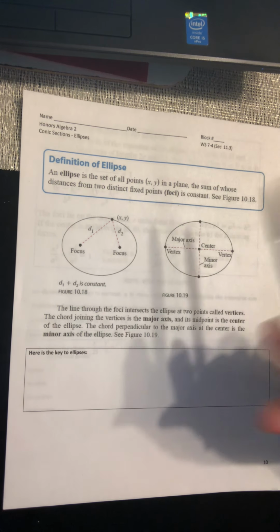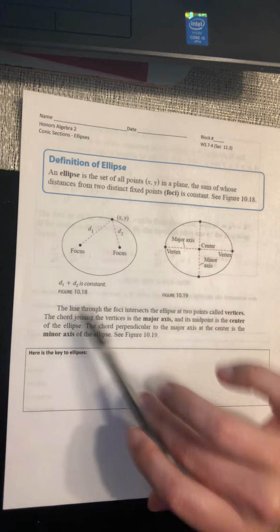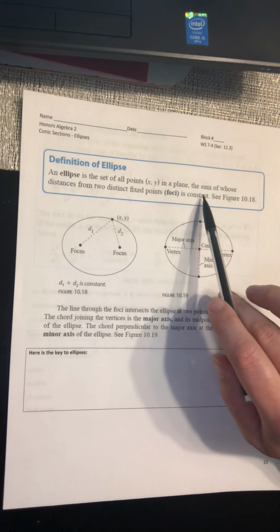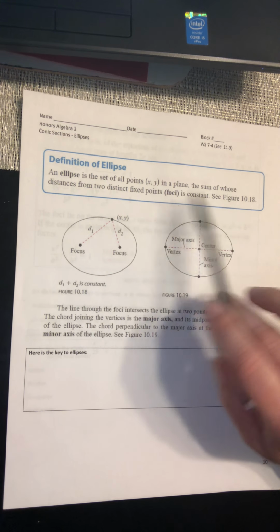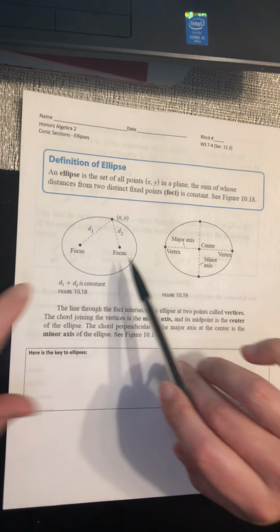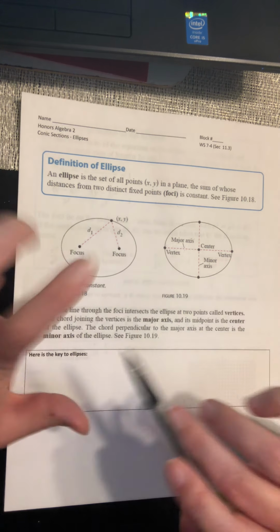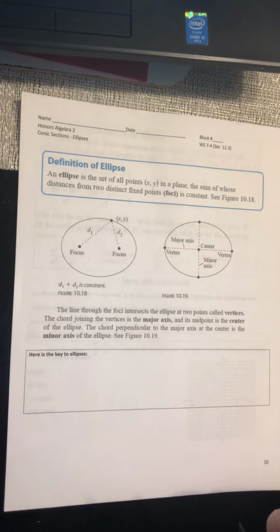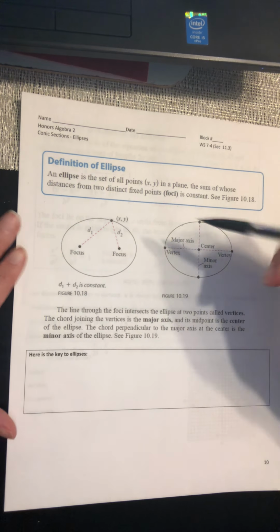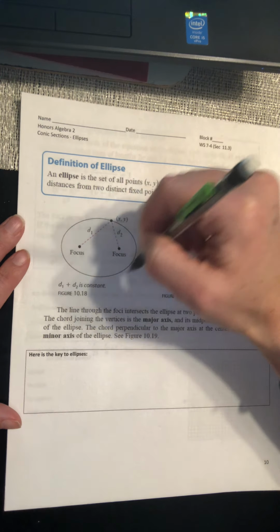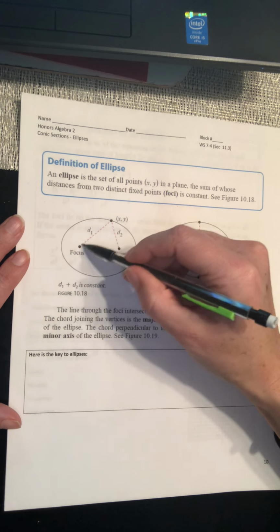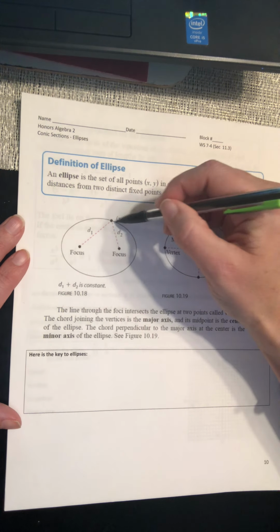So an ellipse is a set of points where the sum of the distances from two fixed points, which are your foci, is constant. If you remember that weird video you watched when I introduced the different conic sections, he took a string and created an ellipse. The length of the string was always the same regardless of where he was.